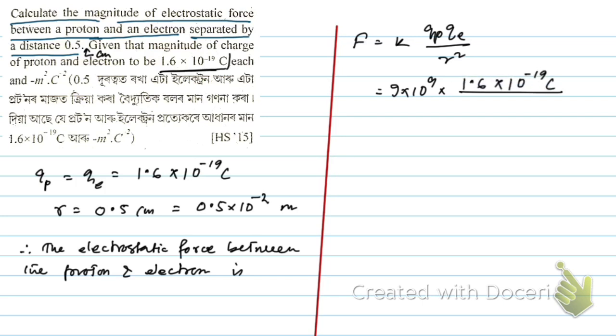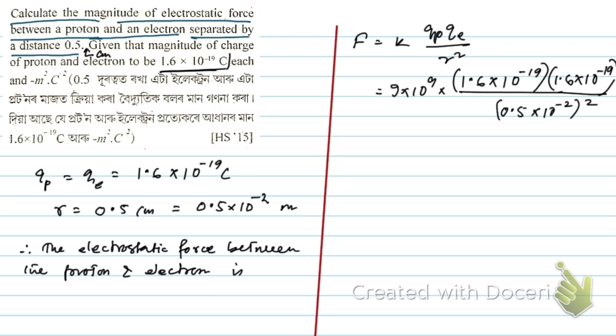So just wait, give me a second. So 1.6 into 10 to the power minus 19 coulomb, right? So divided by R square. R we have taken 0.5 into 10 to the power minus 2, whole square.